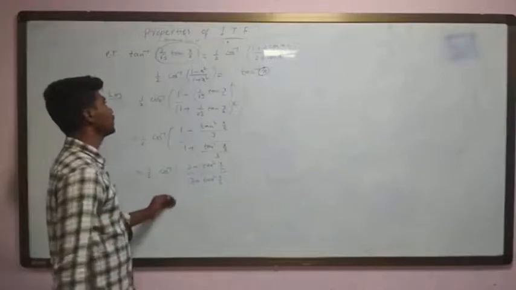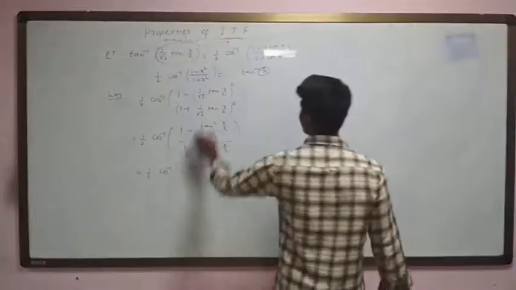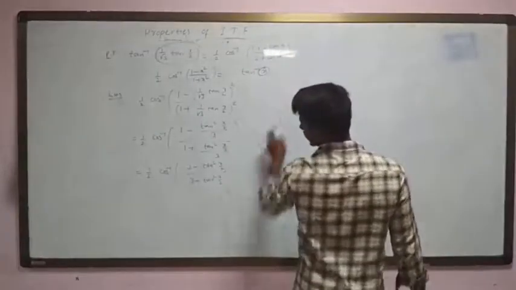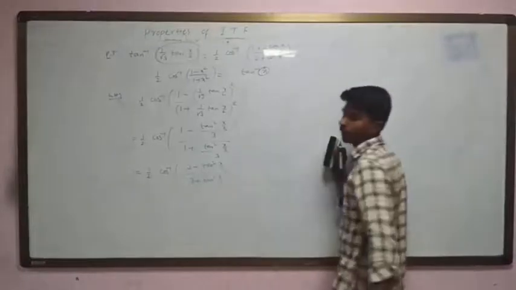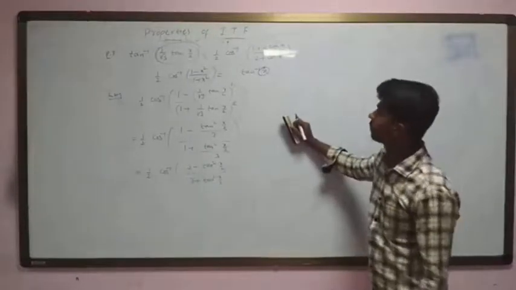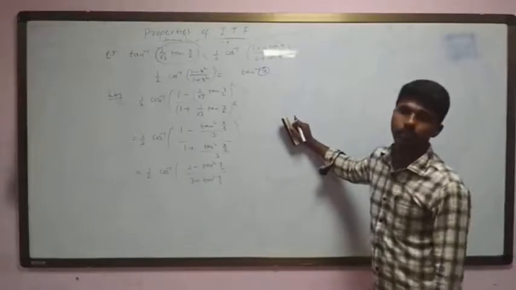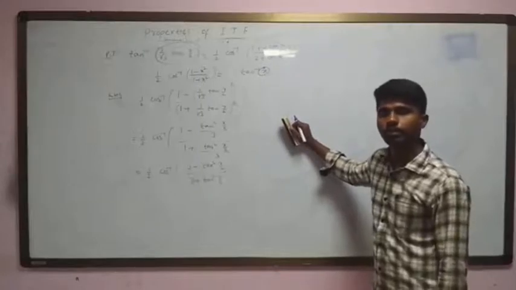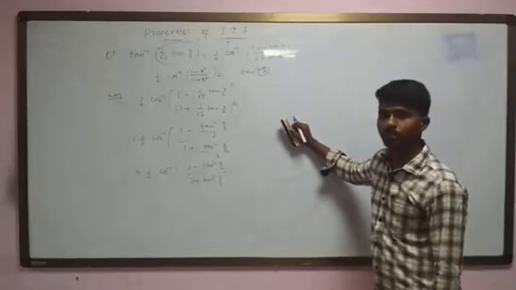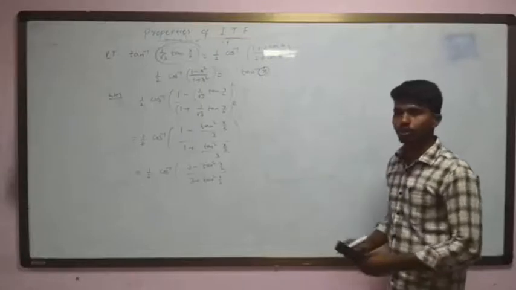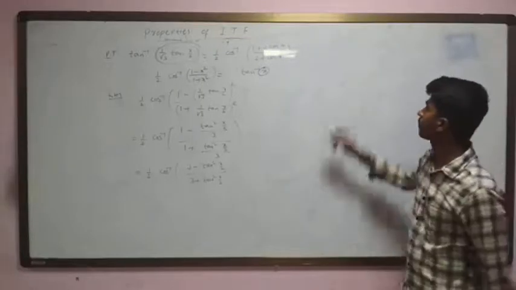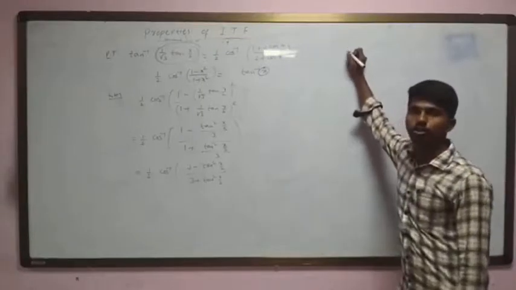But my answer is in the form of 1 by 2 cos inverse of 1 plus 2 cos x. So this tan square x by 2 I have to convert in terms of cos x. We have the cos 2x formula and the cos x formula.